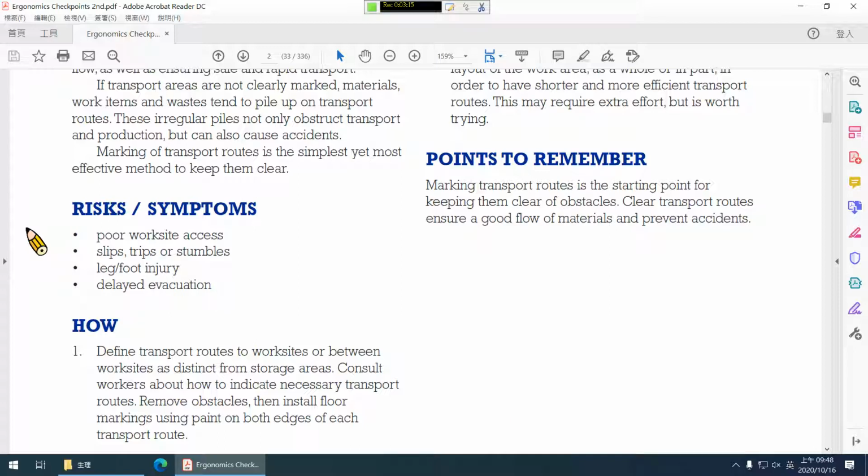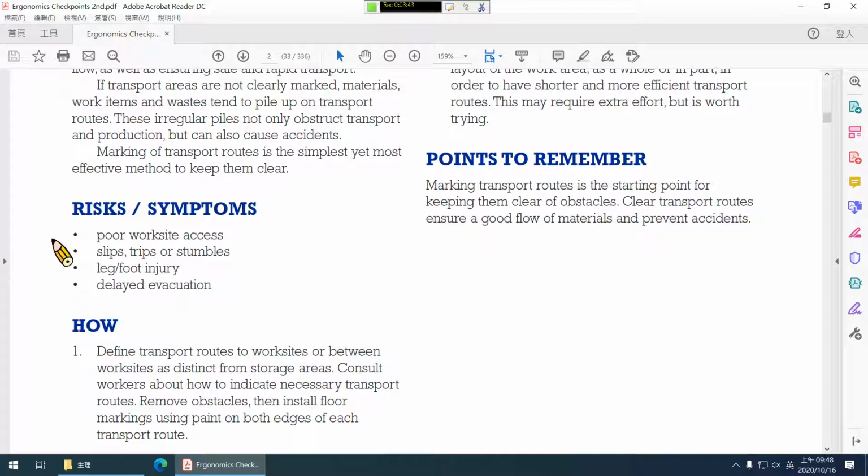If these routes are not clear, if something is obstructing along the path, the operators will find a way to go through. And that creates uncertainty. You don't know what's going to happen.